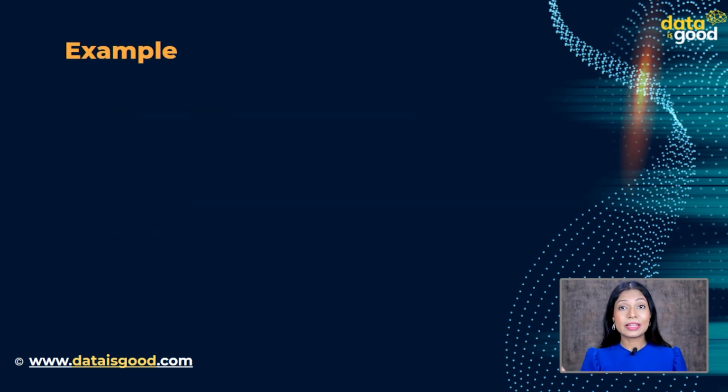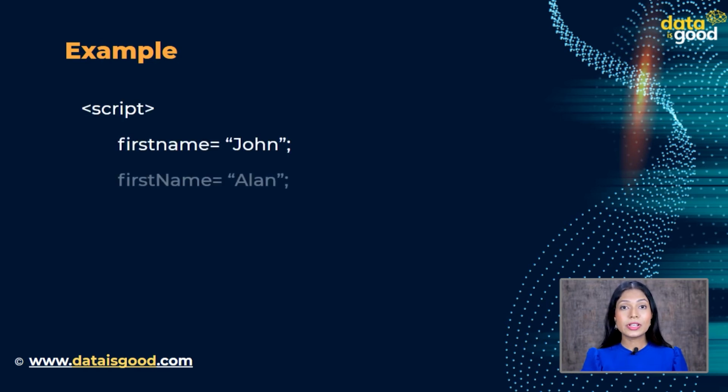Let us take a simple example for better understanding. Script: firstname equal to John, firstName equal to Alan, script. In this code, we have two variables. The first variable is firstname with all lowercase characters.